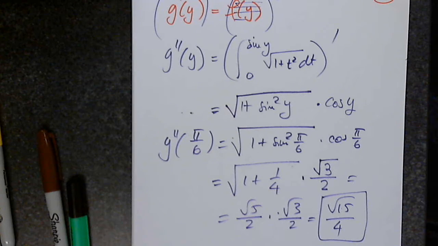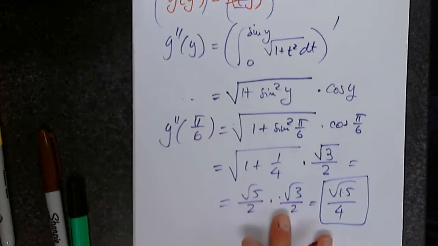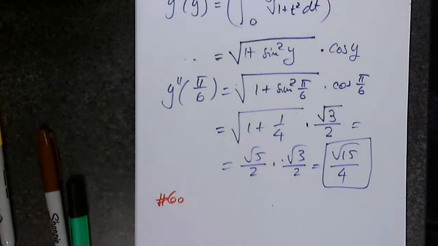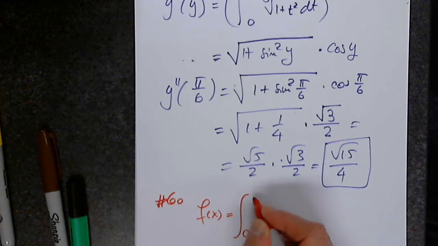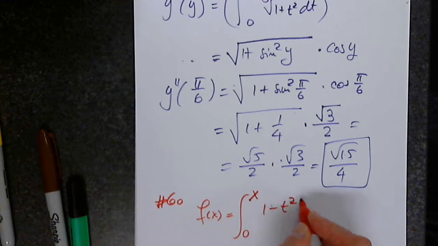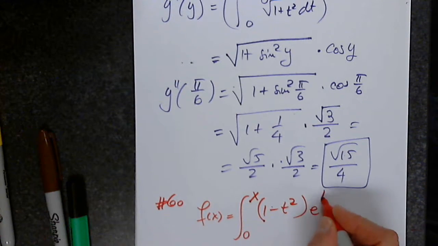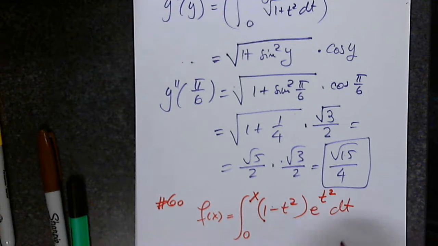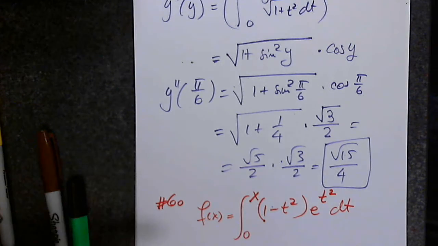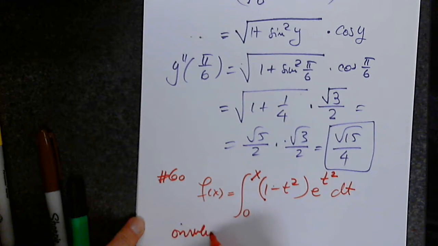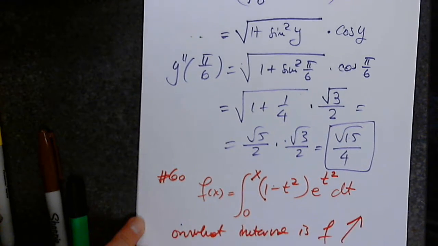Okay, another example, let's say number 60. We're given f of x as the integral from 0 to x of 1 minus t squared times e raised to t squared dt. On what interval is this function f increasing?